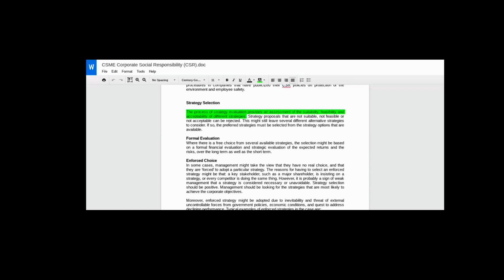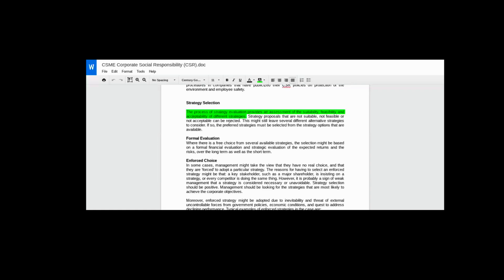And the last one is acceptability of the different strategy. Before we implement or adopt the strategy, that strategy must be accepted by all the shareholders. That should be deliberated at the board of directors meeting, and the strategies have to be ratified. So we check the suitability, feasibility, acceptability, profitability, the risks attached.